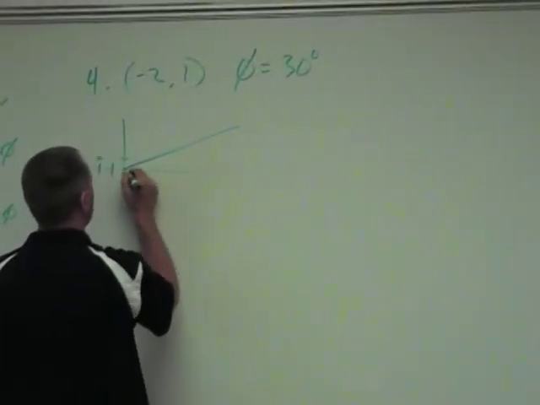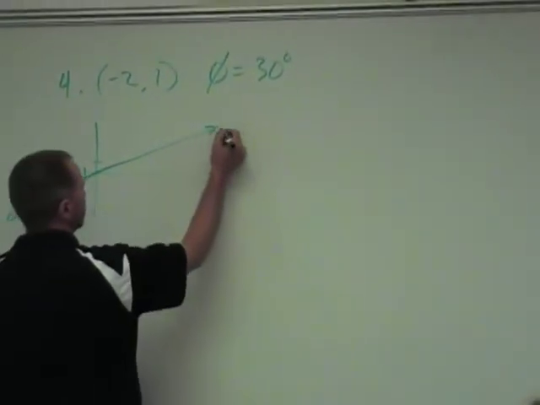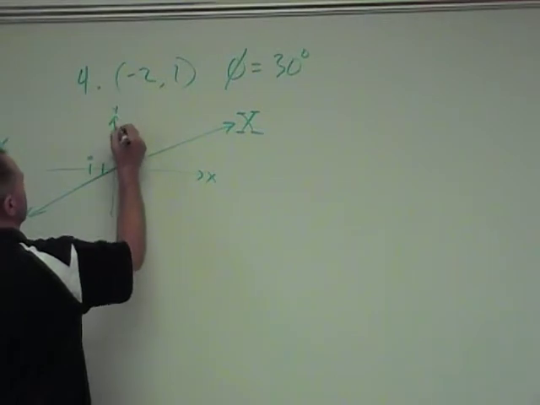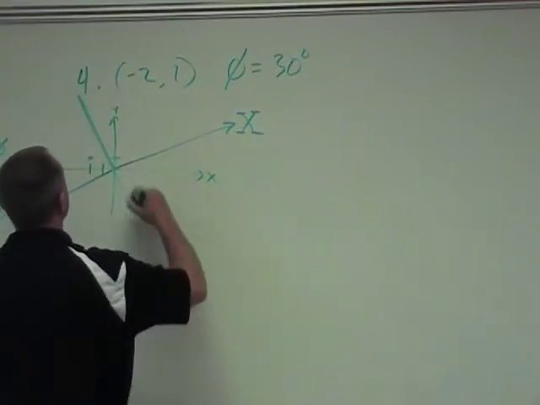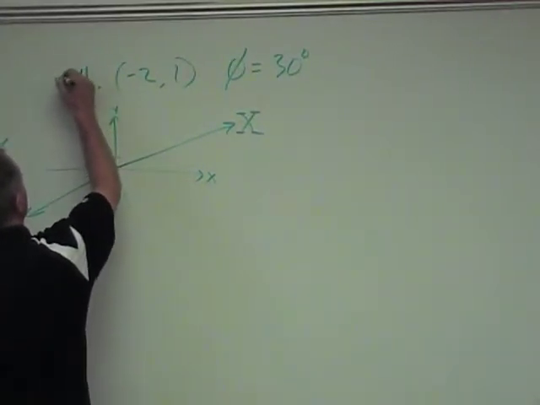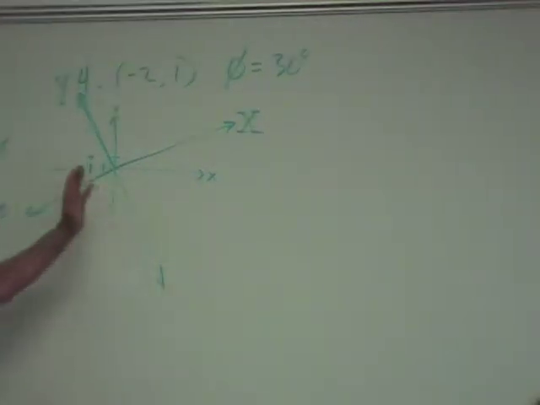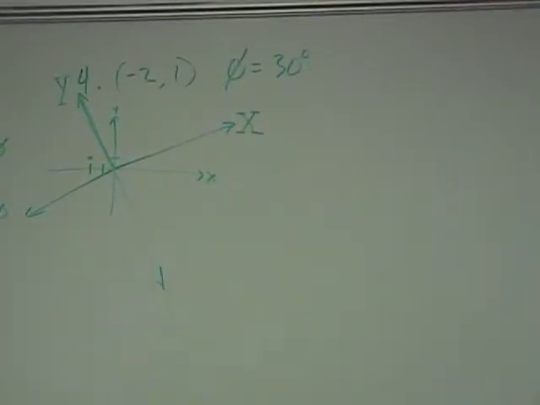So here's about 30 degrees. So again, I'm guessing this is my capital X axis. And then my capital Y axis is there. I want to know what that coordinate is as I rotate the axis. Now notice the point didn't change. So it's a different way of looking at things.